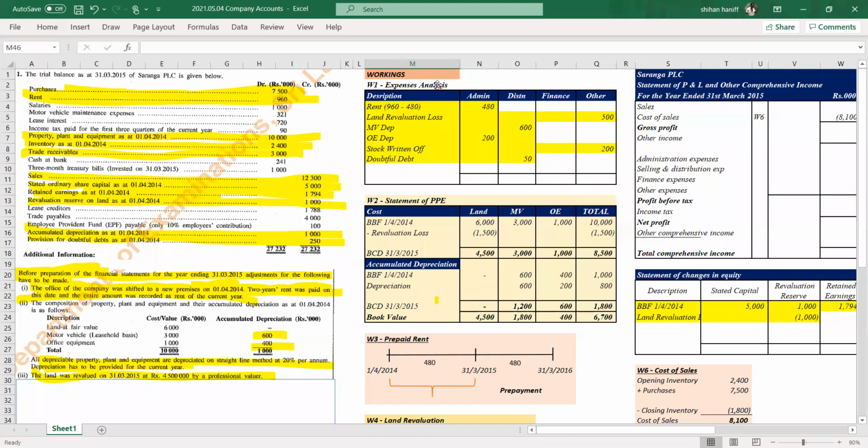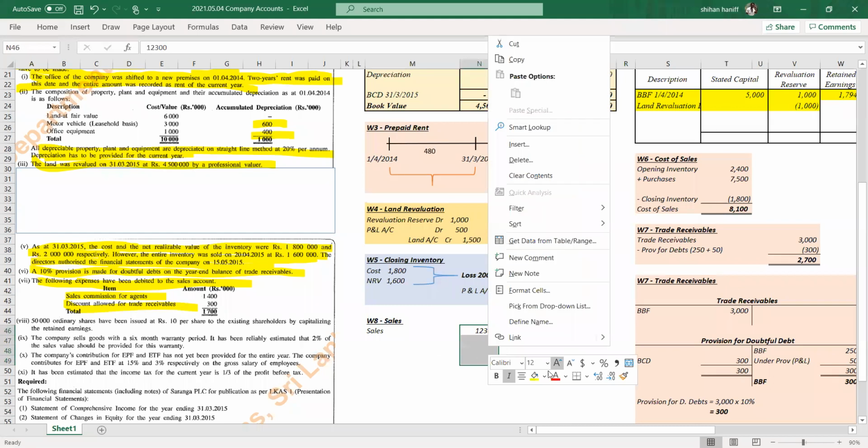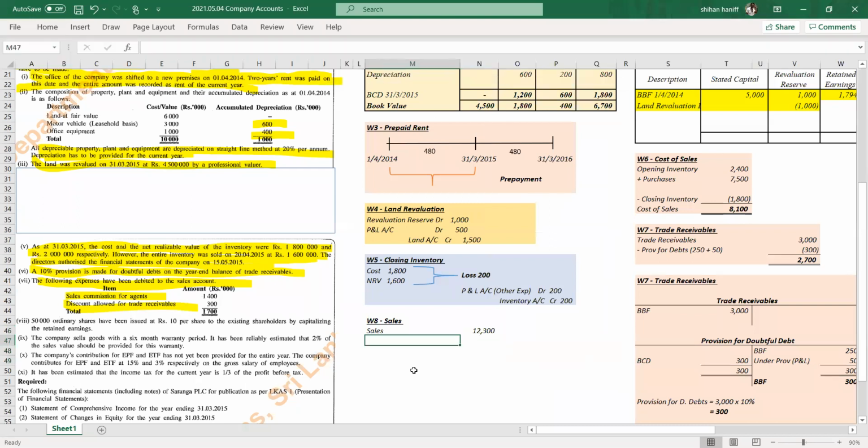So out of 12,300, sales commission is not a sale, that comes as an expense. We have to deduct. Minus 1,001.